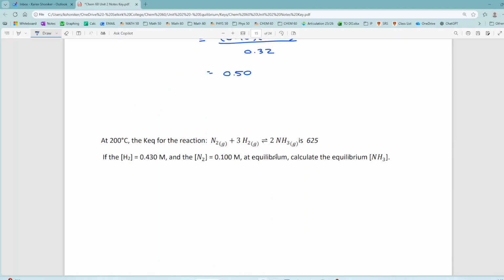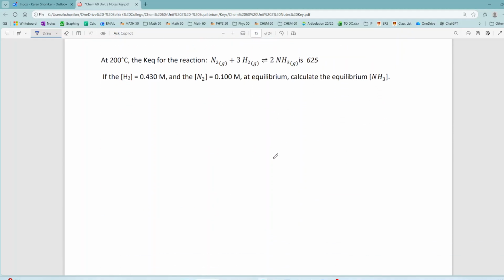Okay, next question. For this one, at 200 degrees Celsius, the equilibrium constant for the reaction of nitrogen and hydrogen going to ammonia is 625. If the hydrogen concentration is 0.430 and the nitrogen concentration is 0.100 at equilibrium, calculate the equilibrium concentration of ammonia.